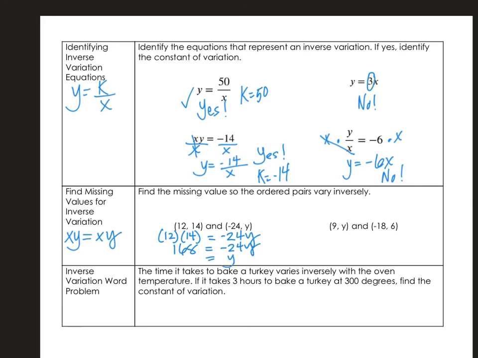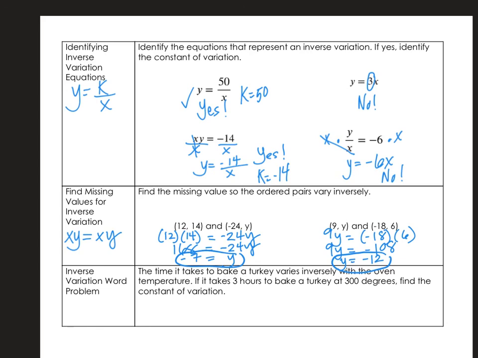So our y is negative 7. All right, now let's do this one. So we have 9y and we have negative 18 times 6. Negative 18 times 6 is negative 108. If we divide by 9, then we get y equals negative 12. So that was our missing value.